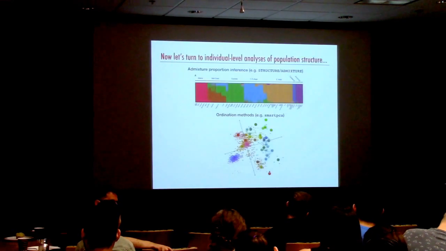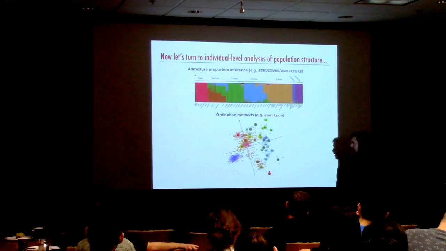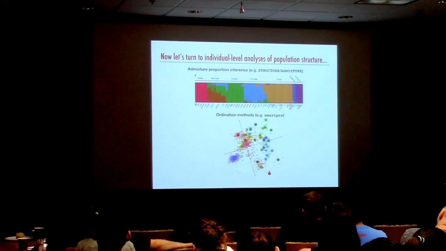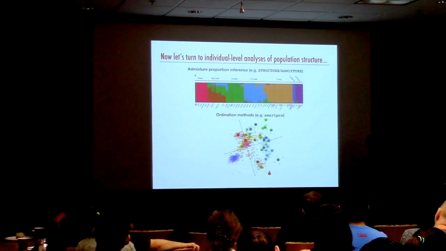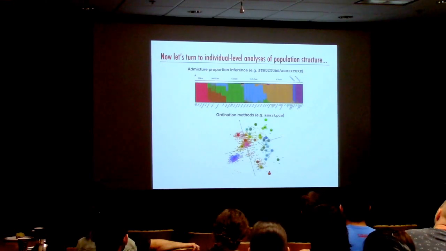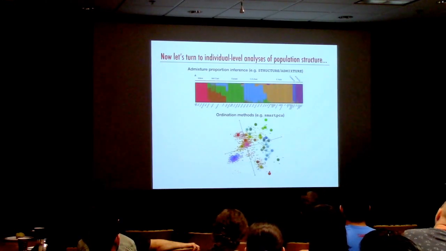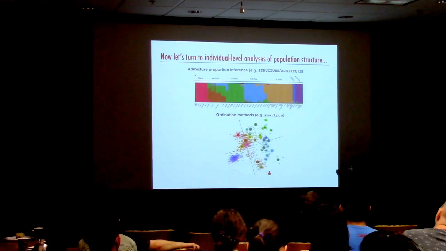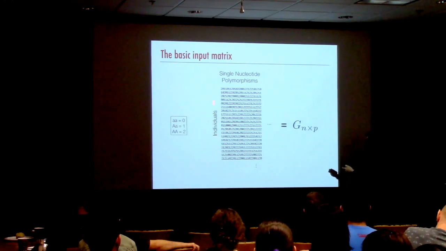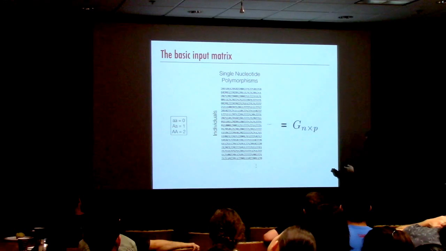Okay. So now we're going to talk about two of the most commonly used approaches. I'm not going to talk about tree-based methods, and that connects to the earlier question. We're going to talk about individual-based approaches for looking at population structure, because these are two very commonly used ones: admixture proportion inference and these ordination methods. Both of these methods take as the basic input a matrix where rows are individuals and columns are SNPs.